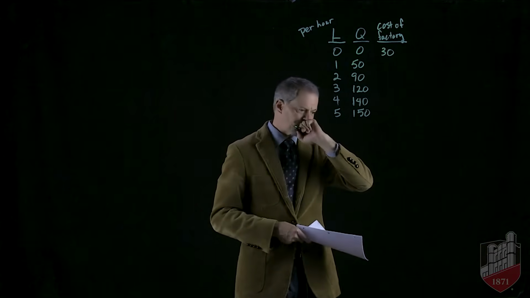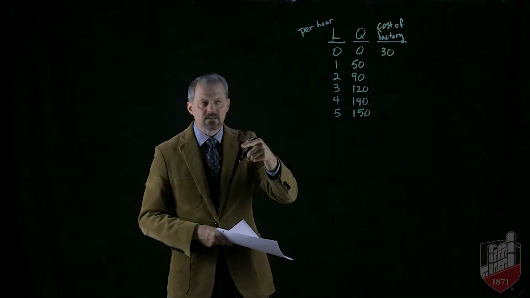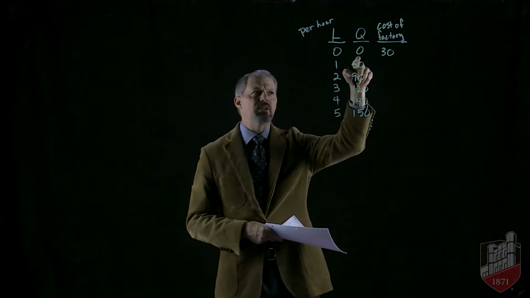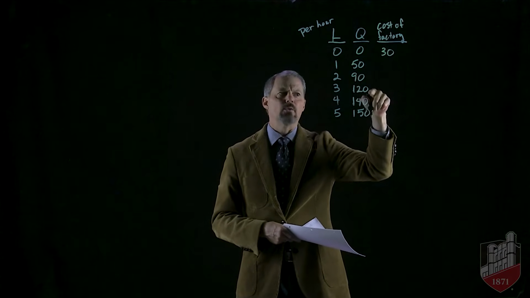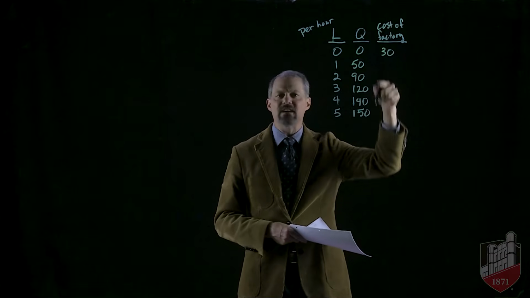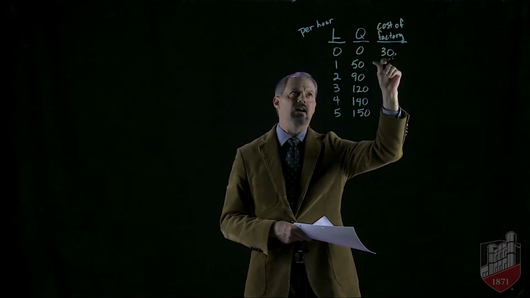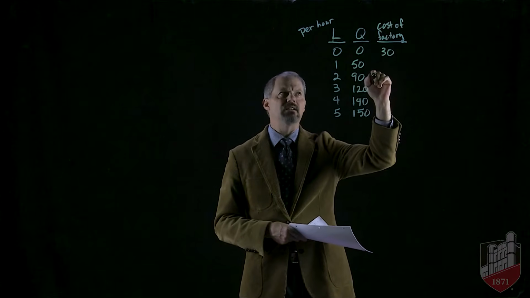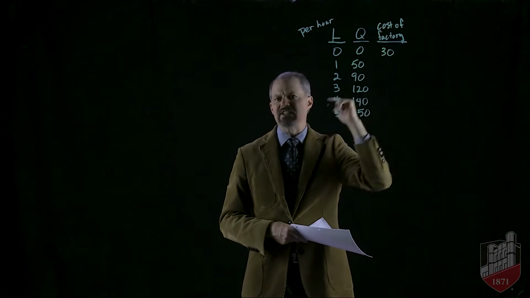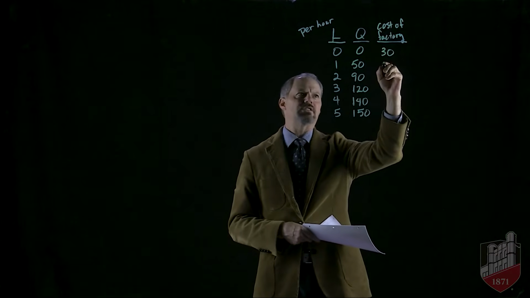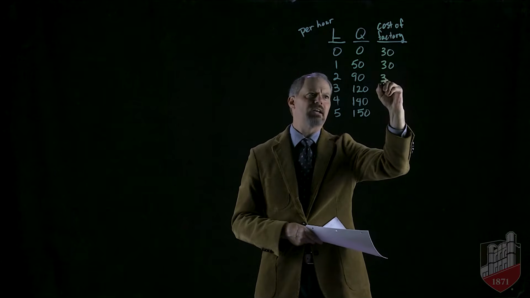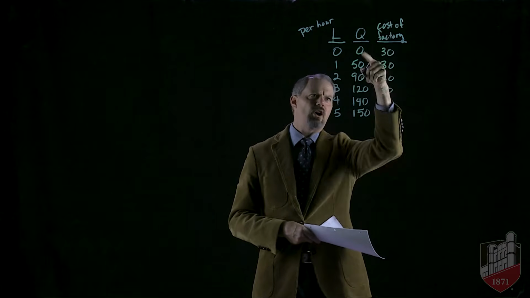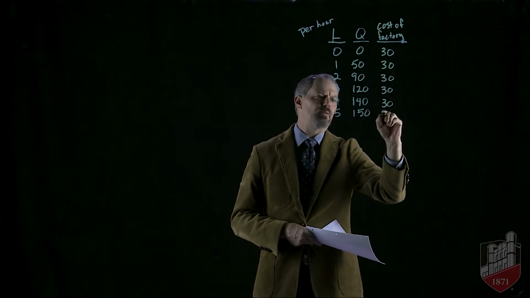Now, our rent doesn't depend on how much output we're producing. So this is going to be our fixed input. It's the lease that we've signed, and that fixed input generates this fixed cost of $30 per hour, and it's $30 regardless of the amount of output that we're producing.